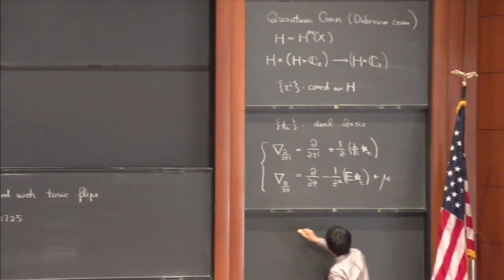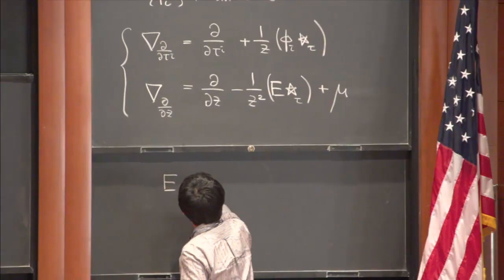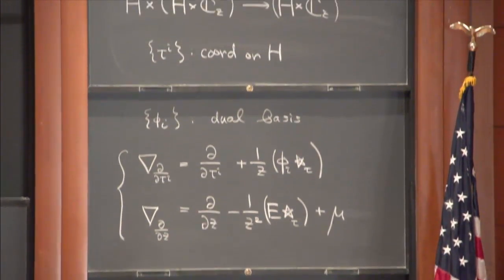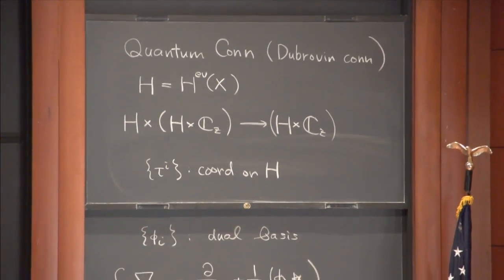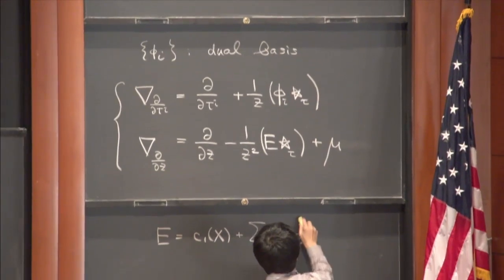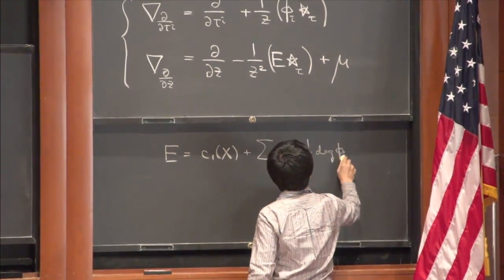E is the first Chern class plus some correction which is only relevant in big quantum cohomology.